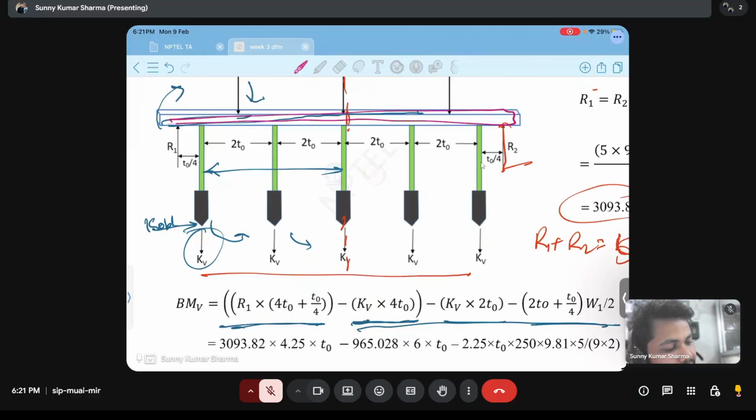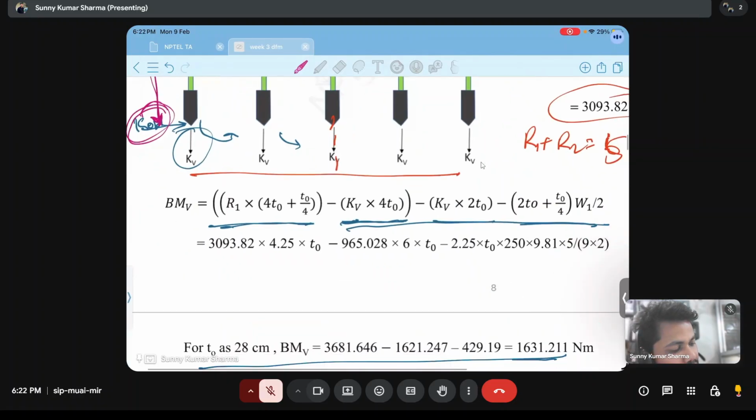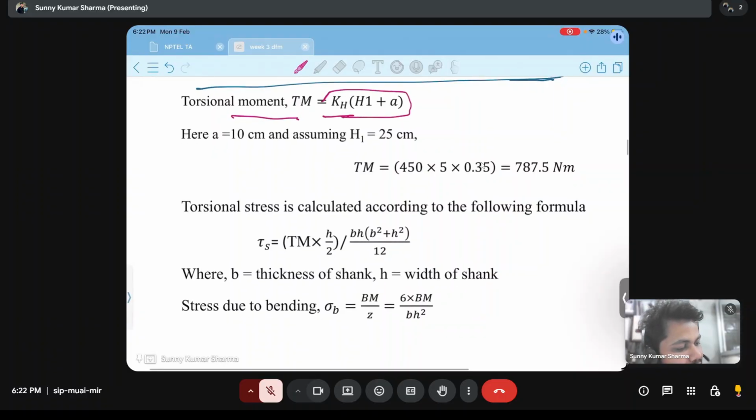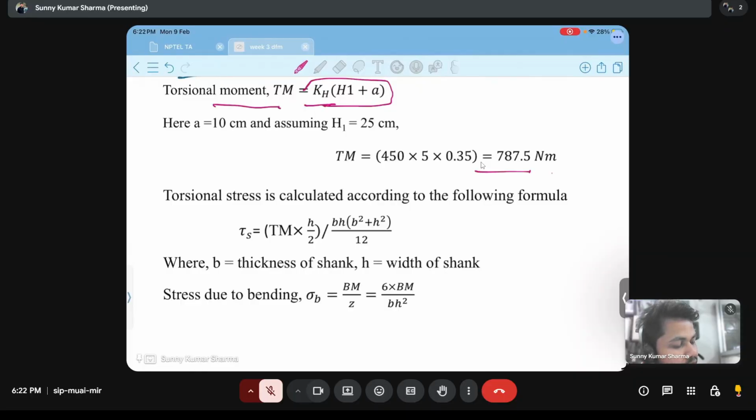This frame has bending moment due to these KVs and torsion moment due to this KOBL, which is acting at the distance of this height of shank. So KOBL into this height of shank will give torsion to the frame. Torsion moment is coming as KH into H1 plus A, and when we calculate we will get 787.5 Newton meter.